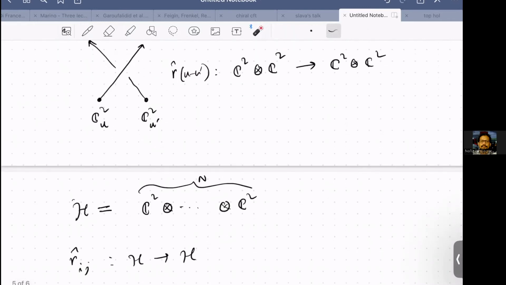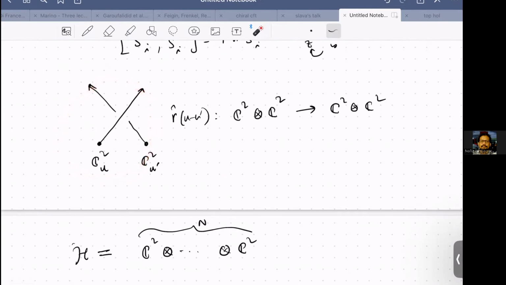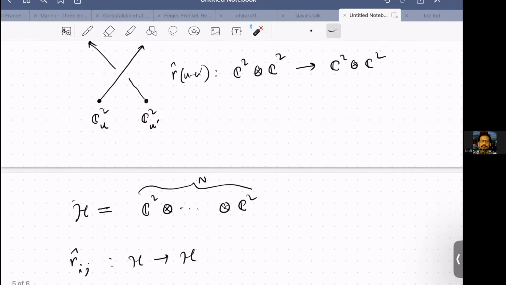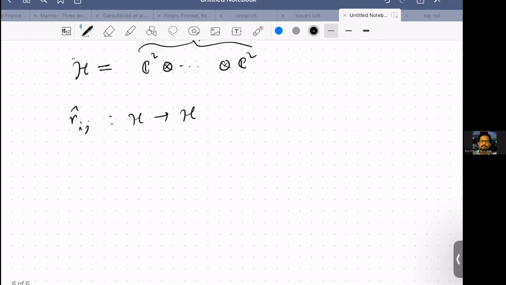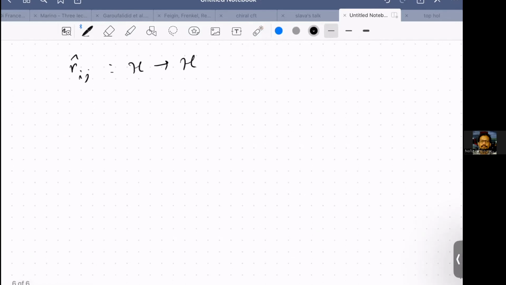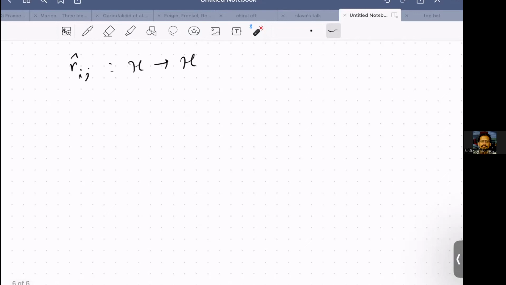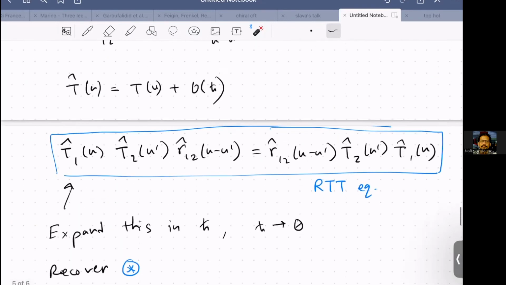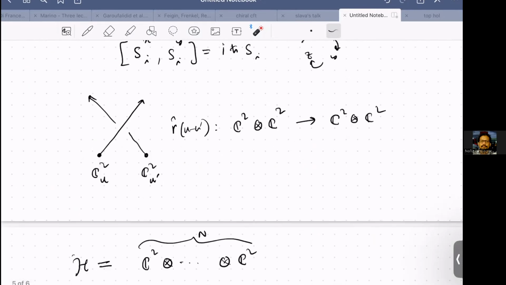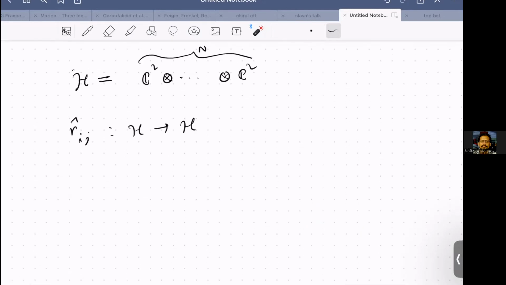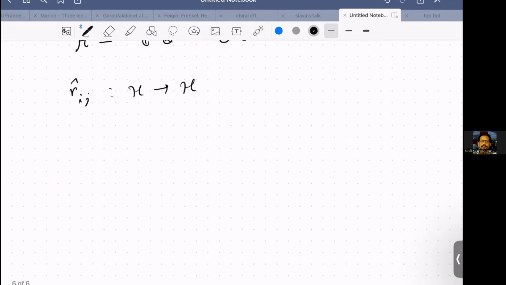Now, this is my diagrammatic way of representing this R matrix. The point of these pictorial expressions is the following. Actually, there's a simpler version of this RTT equation that only involves the R matrices. So let me write that down. It's easy to write this in pictures.